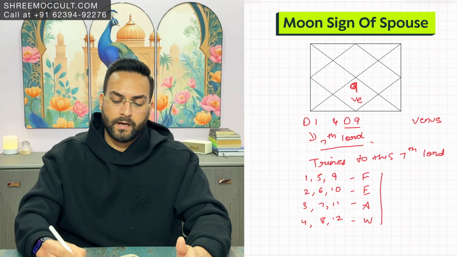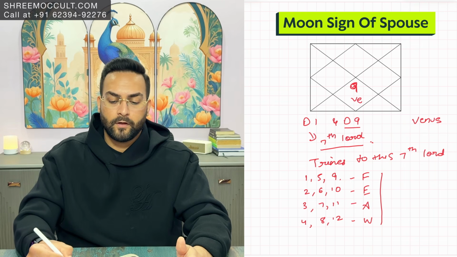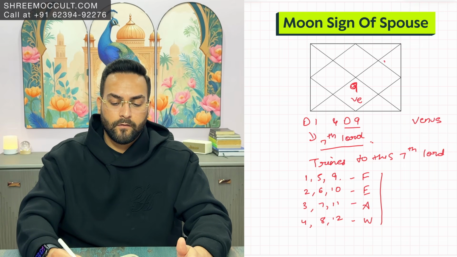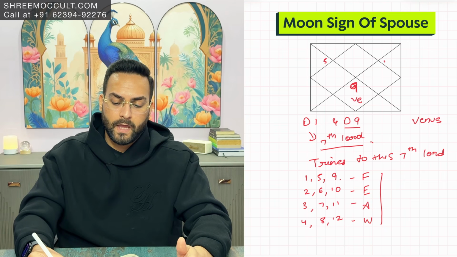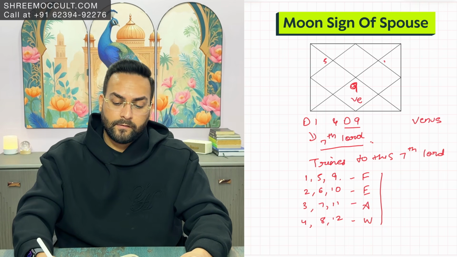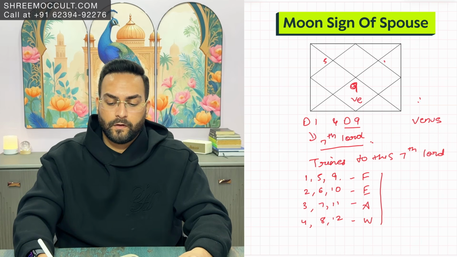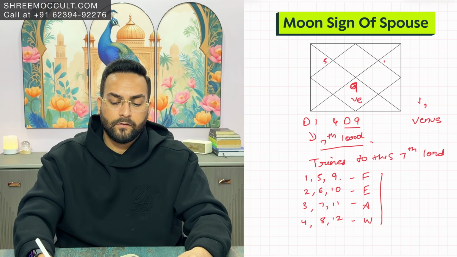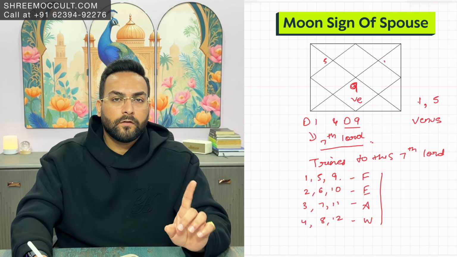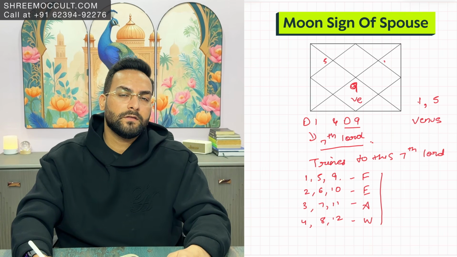Suppose, as per example, it was sitting in Sagittarius, the 9th. So the trines to Sagittarius are automatically 1, 5, and 9. So in this example, the moon sign of the spouse would be either Aries or Leo, 1 or 5. So this is one possibility that you can check.